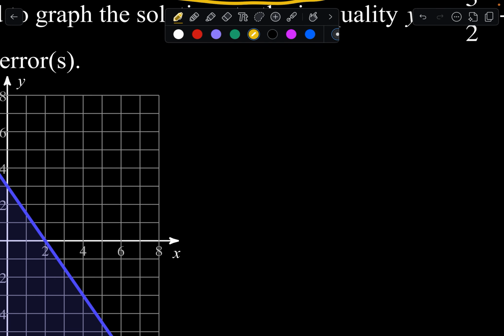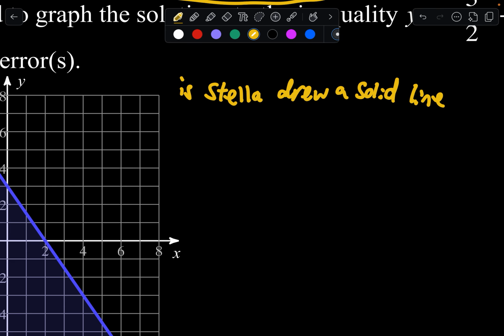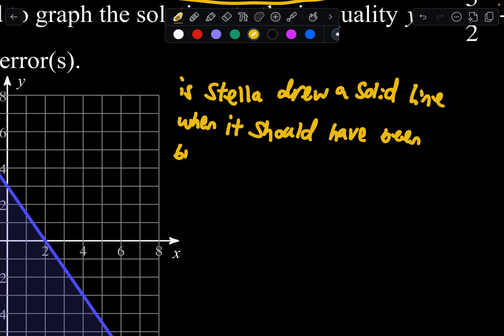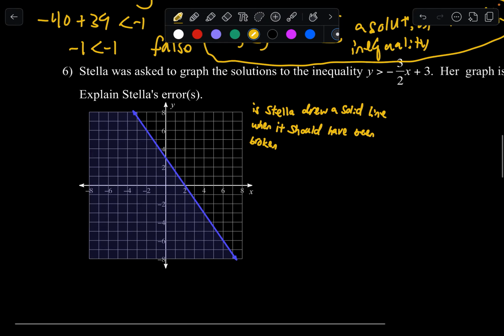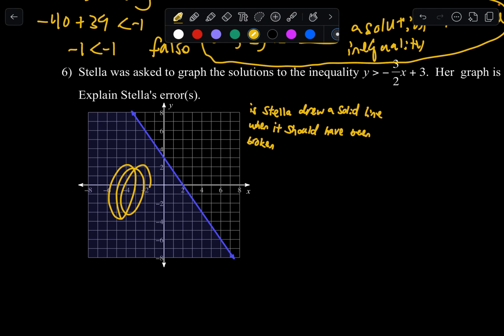Stella drew a solid line when it should have been broken. That's the first thing I notice. What else? Is there anything else? Well, you can see the shading is over on this side.